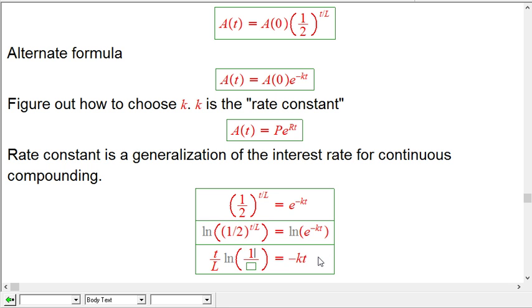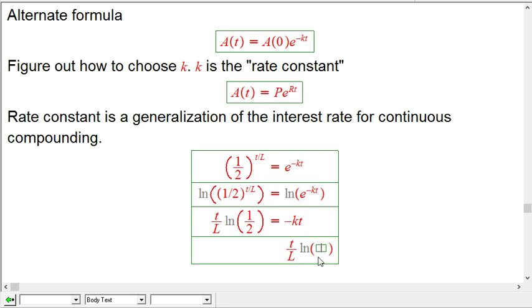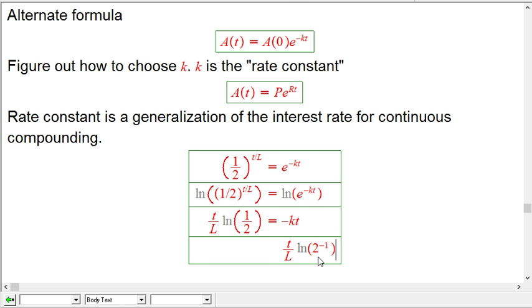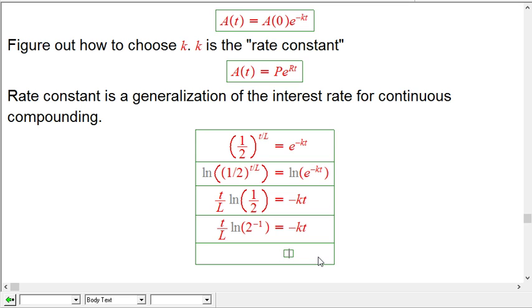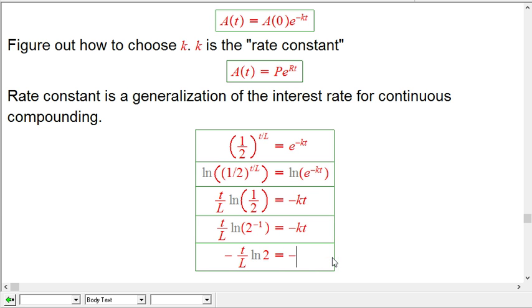To show you how similar this is to the doubling time thing, I'm going to use one more rule of logs. That's the ln of 2 to the minus 1, and that minus 1 also comes out. So you get minus t over L times ln 2, which should equal minus kt.